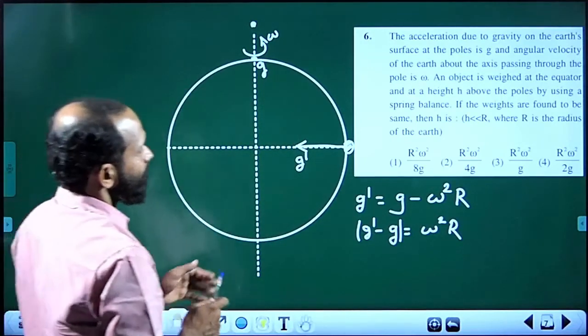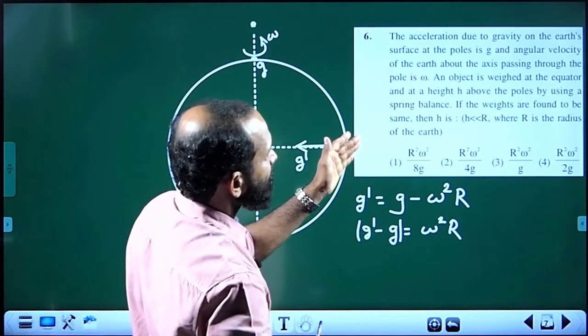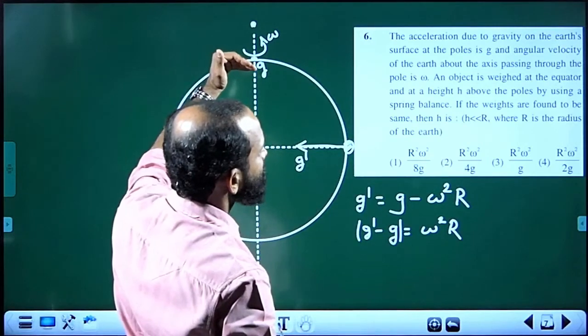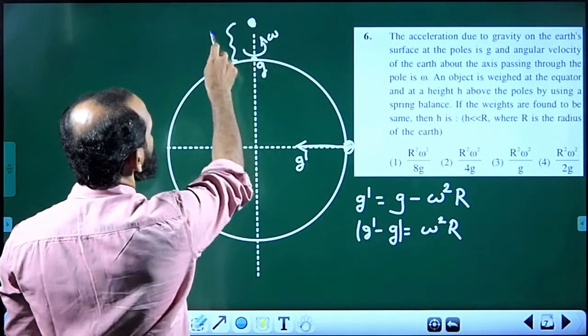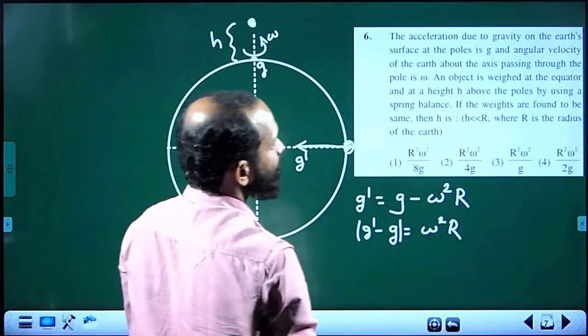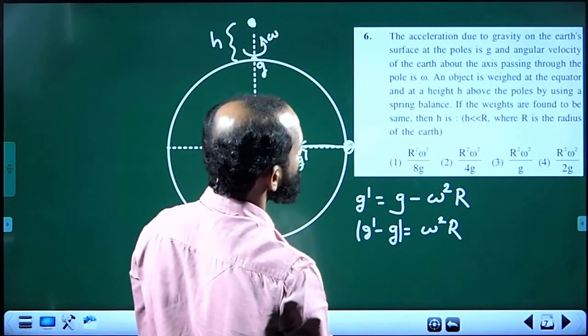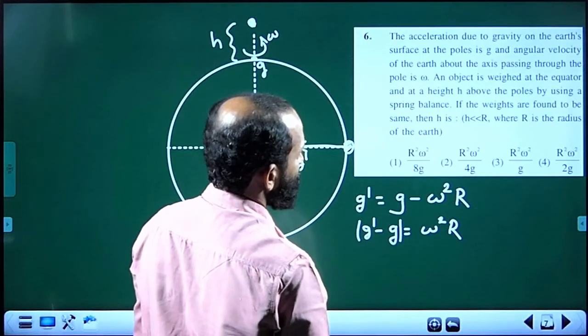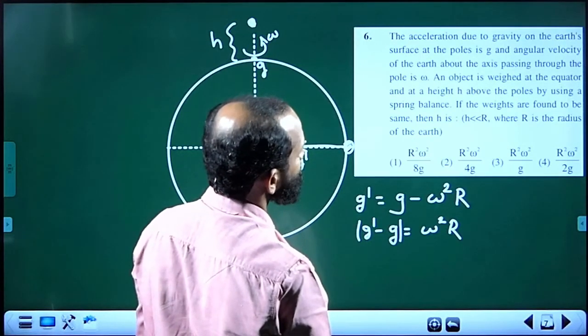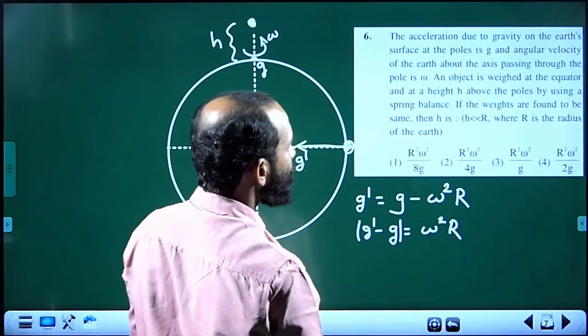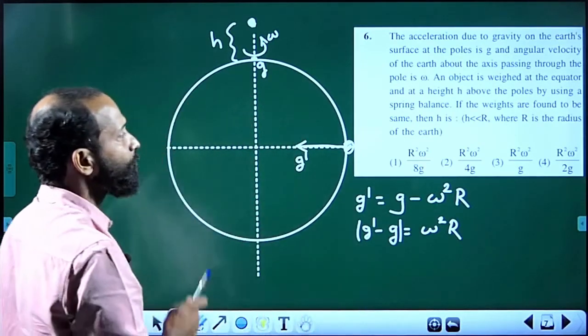Now we lift the same object to a small height h above the poles using a spring balance, and we weigh it. The weights are found to be the same. For the weights to be the same, the apparent acceleration should be the same.